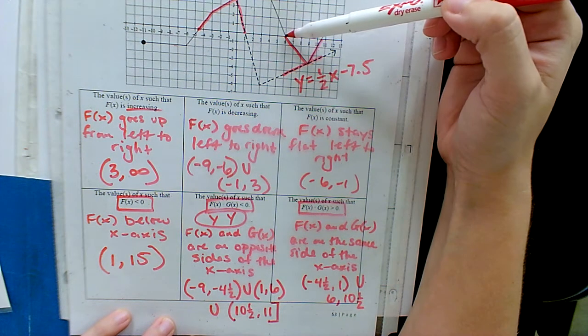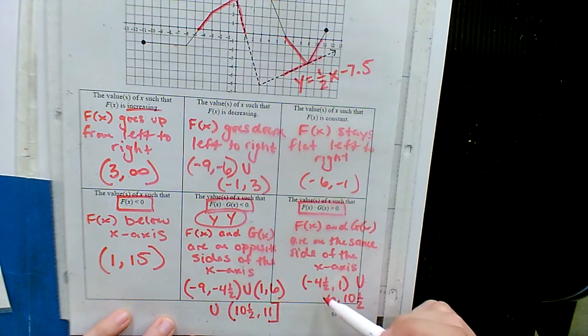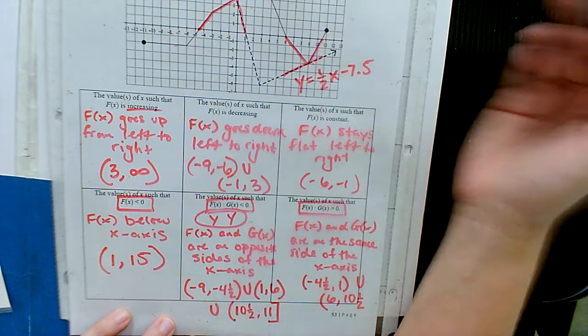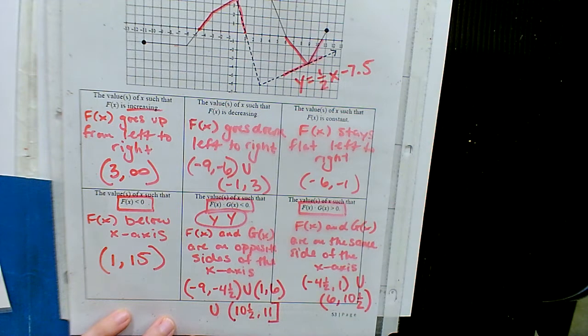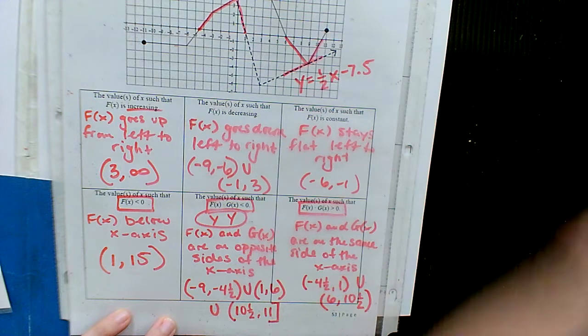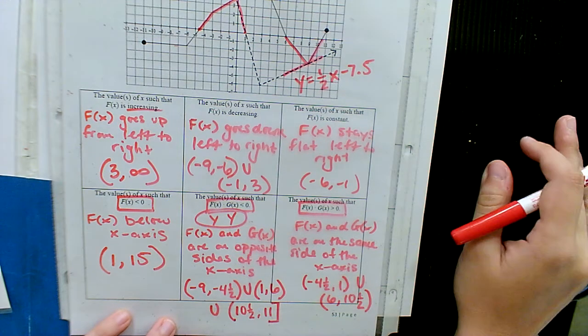At 6, the solid graph is on the x-axis, so we cannot include that. And at 10.5, the solid graph is on the x-axis, so we cannot include that one either. Okay. Any other ones? I think we're good. We can't go past 11 because that's where the solid graph ends.